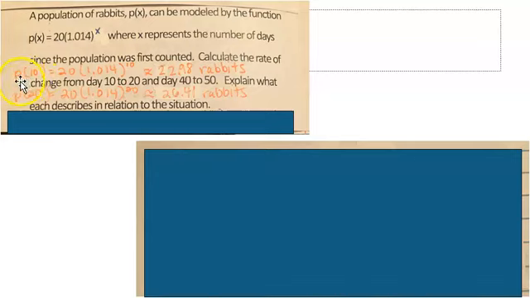The way that I write that is p of 10 is equal to 20 times, a parenthesis 1.014, and then the caret key, and then the number 10. When you do that, verify that you got 22.98. And then I'll do the same thing for p of 20, and I got 26.41.